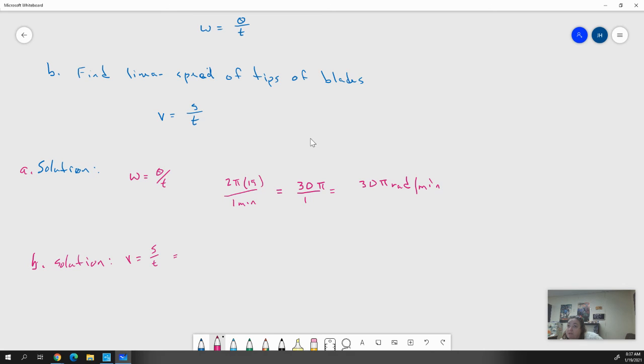Still 1 minute, right? Still asking us the speed of the tips of the blade. So our bottom part here, our time, is just going to be 1 minute.